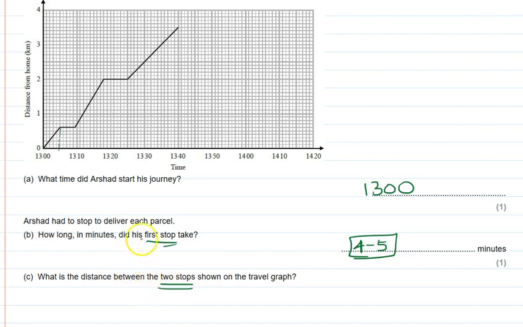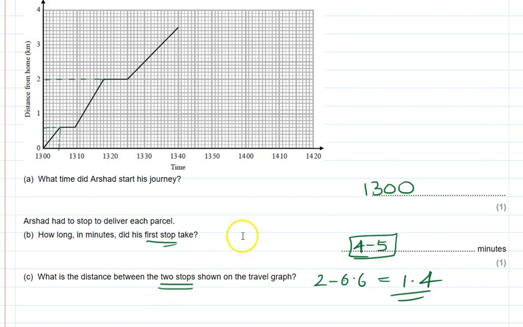Okay, so let's do it. So if you see, this is your second stop, so it is 2, and this is nearly 0.6 here. So 2 take away 0.6, it will be 1.4.